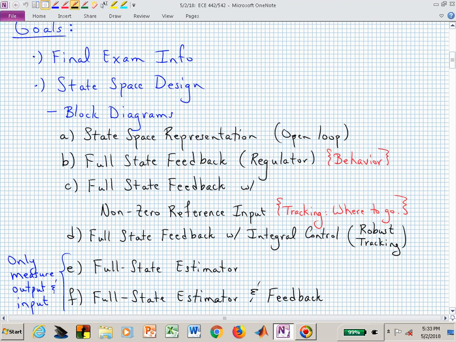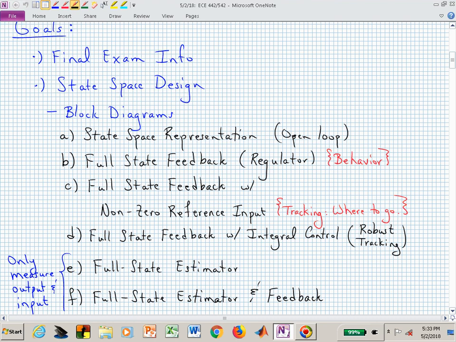I think it's more intuitive to look at it graphically from a block diagram perspective, and we will figure out where to go if you're now directing this system to go somewhere. That's part of homework number 8, and it probably might be on the final exam, hint, hint, but knowing how to incorporate non-zero reference input might be important.